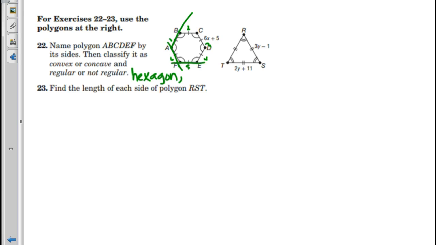None of those are going to go through. They're all going to stay outside, so this is convex. Regular or irregular? Regular polygons have all sides the same length and all angles the same, so this is regular. So polygon ABCDEF is a hexagon, it's convex, and it's regular.